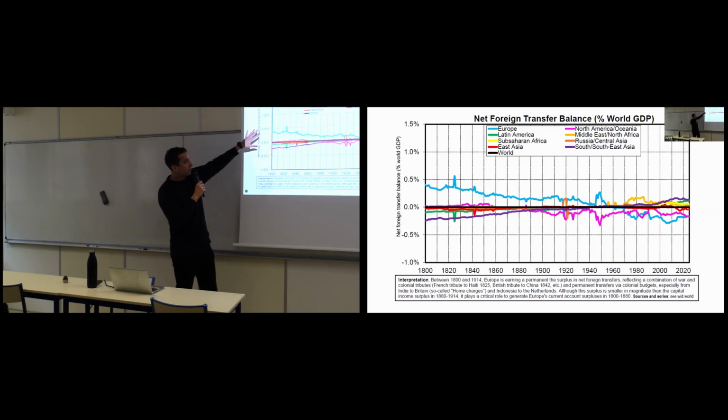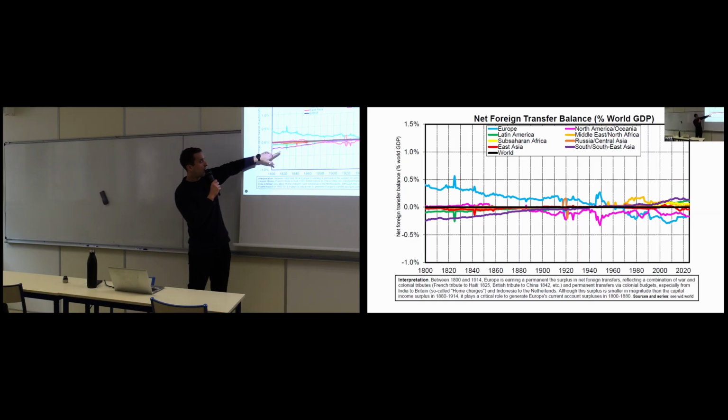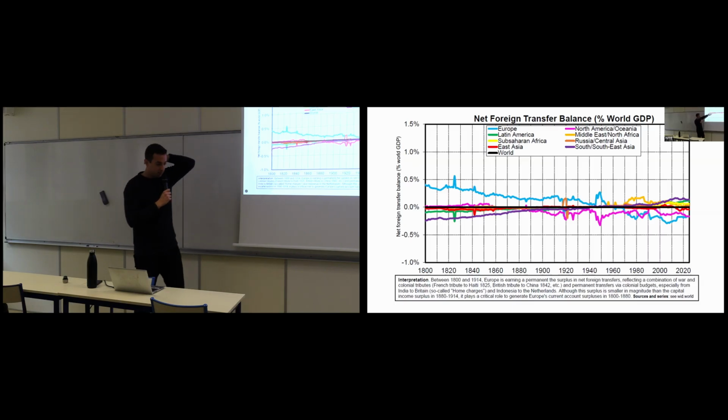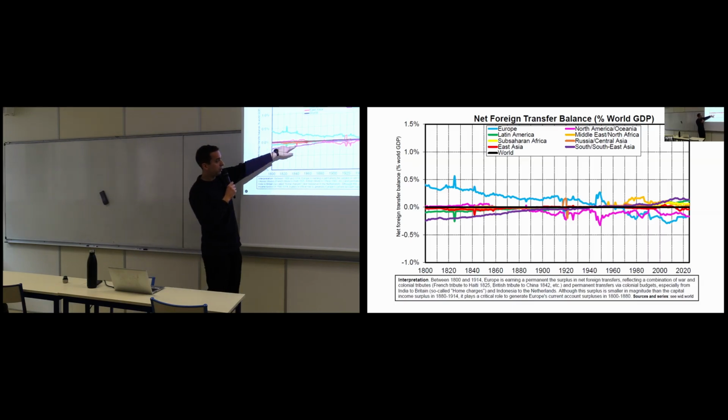Then we have other episodes which are more particular. For instance, when Haiti, which is in Latin America, achieves independence, the French charge them a huge debt. When the UK defeats China in the Opium War, they also charge them war tributes. China is in East Asia.